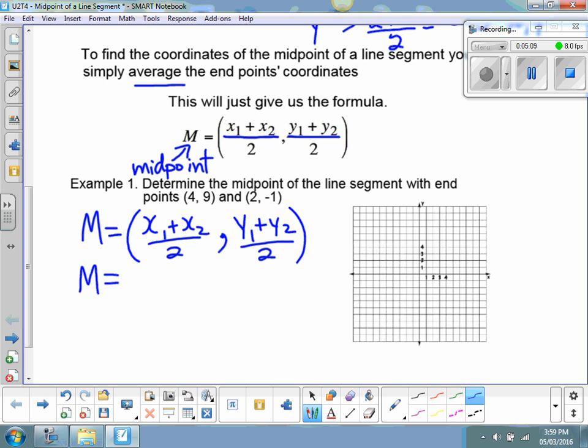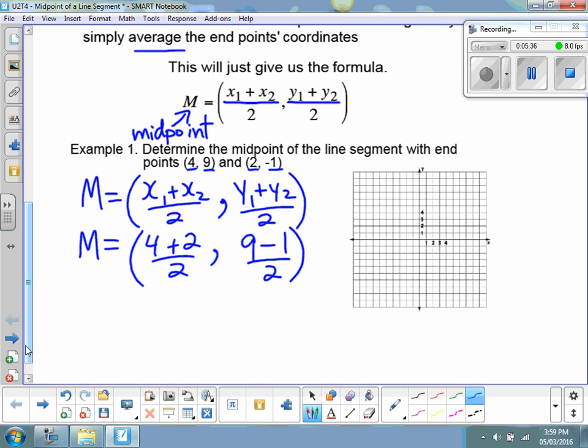So we need to make sure that we plug everything into its proper spot. So remember that the 4 and the 2 here are the x's. So 4 plus 2 divided by 2. And then the y's are the 9 and the minus 1. So 9, and I could write 9 plus negative 1, or I could just write 9 minus 1 there. I'll get the same answer either way.